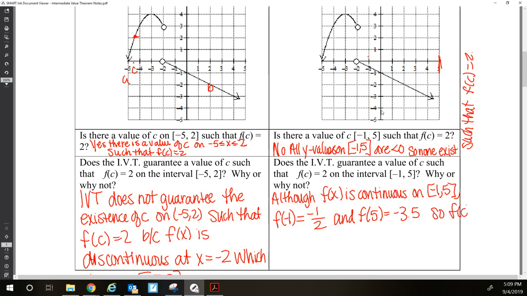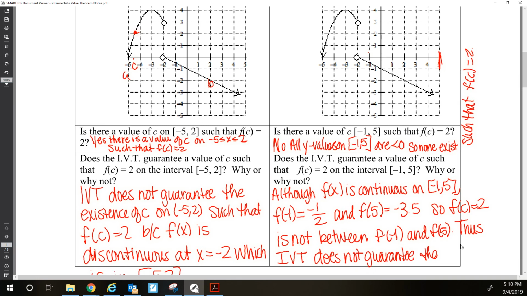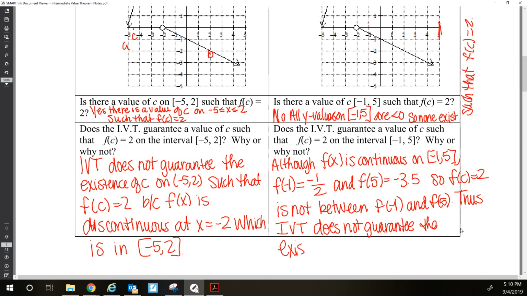So f of C equals 2 is not between those two numbers, between f of -1 and f of 5. Thus, or you could say therefore, IVT does not guarantee the existence of C on interval -1, 5.